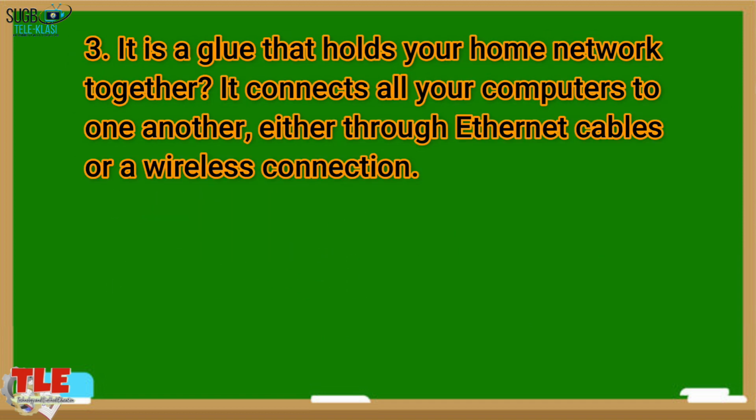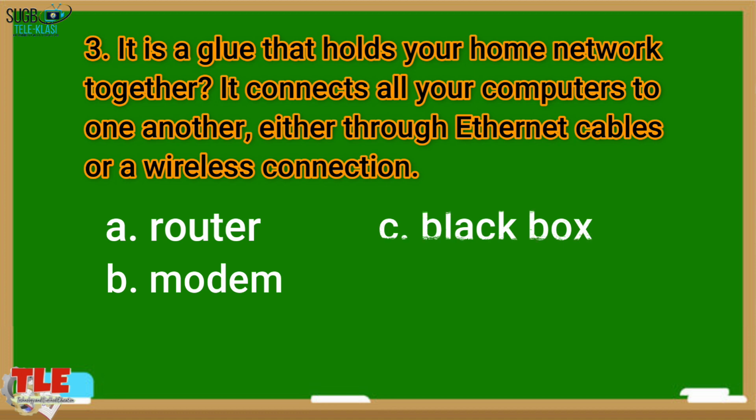Number 3. It is a glue that holds your home network together. It connects all your computers to one another, either through Ethernet cables or a wireless connection. A. Router. B. Modem. C. Black box. D. Antenna.